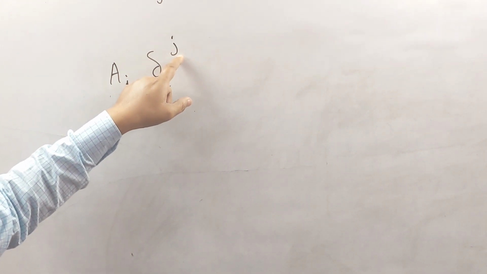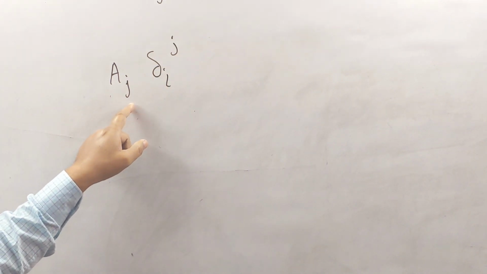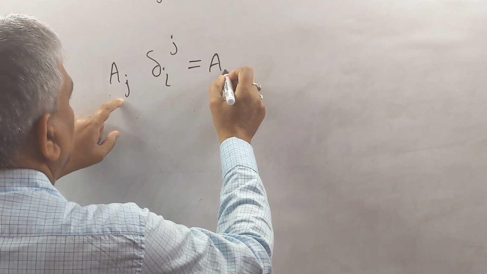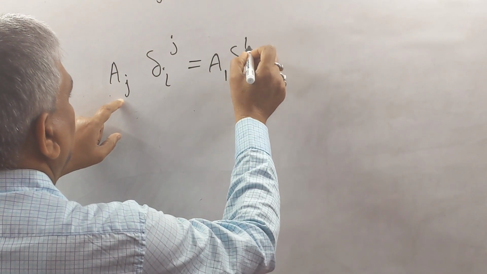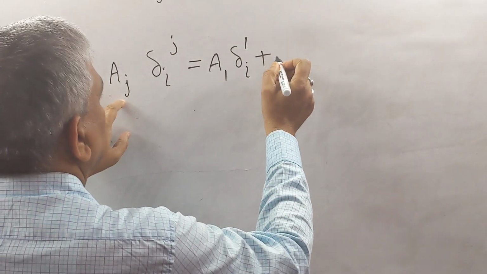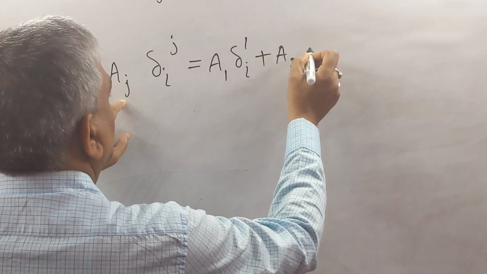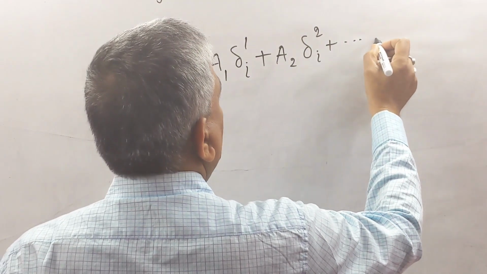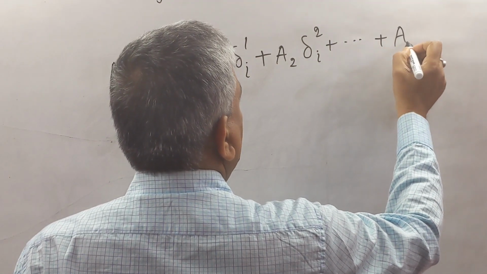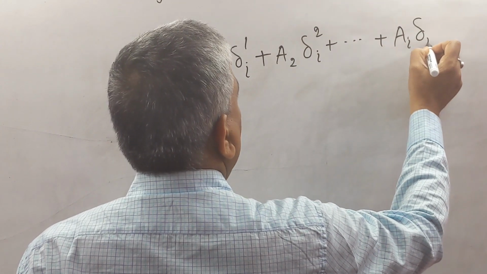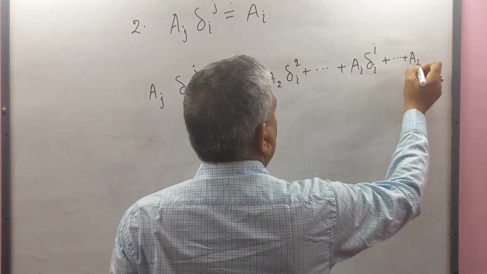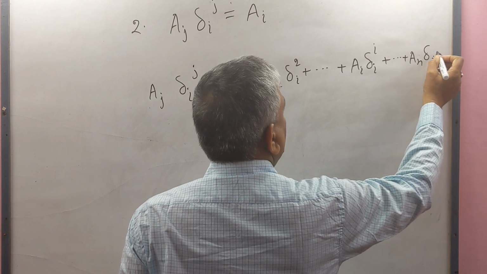So according to Einstein summation convention, we may write this in summation form: a1 delta i1, plus a2 delta i2, plus the ith term ai delta ii, plus an delta in.